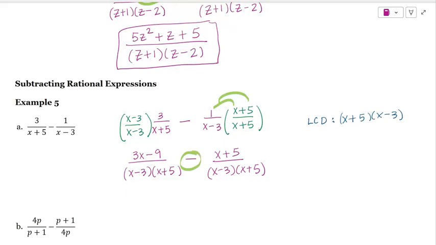I've got a subtraction sign in between the two fractions, and that means that both of these items need to be subtracted. So I'm going to have 3x minus x in my numerator. And I'm also going to have negative 9 minus 5 in my numerator. So for my final answer, I think I'm going to have 2x minus 14 over the quantity x minus 3 times x plus 5.